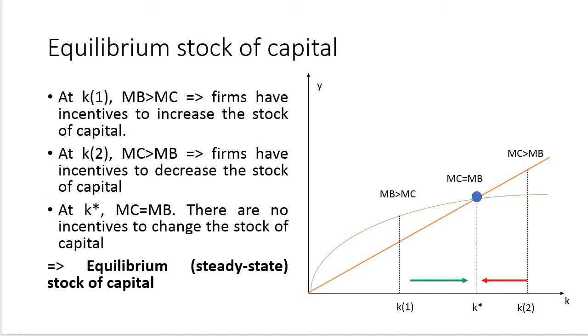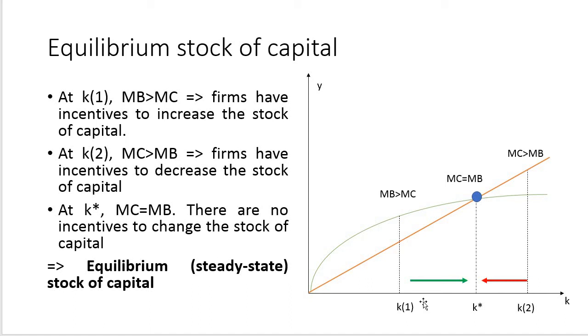Okay, so finally we have to define equilibrium or steady state condition. So take a look. You can associate capital accumulation path with marginal benefit associated with keeping the stock of capital for firms, and capital depreciation path you can analogously say it can be described as the marginal cost.